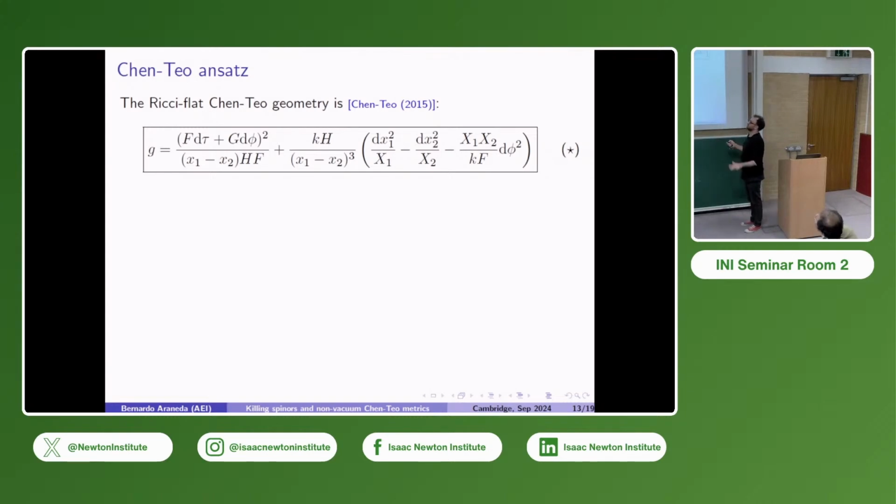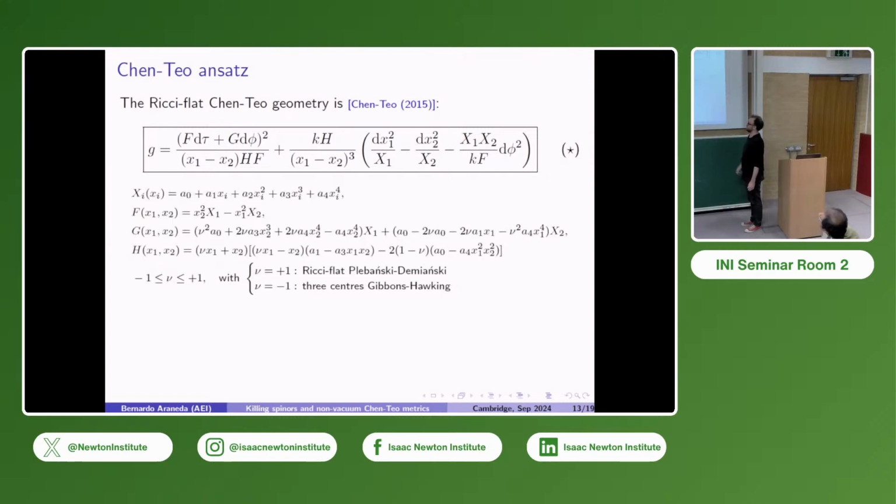You have tau and phi, which are Killing fields, and then there are 2 coordinates on the other space, which are x1 and x2. And then there are a bunch of other functions here, capital F, H, G, capital X1 and X2. So it's really, and when you want to know what this is explicitly, it's even worse. So this is what Chen and Teo found.